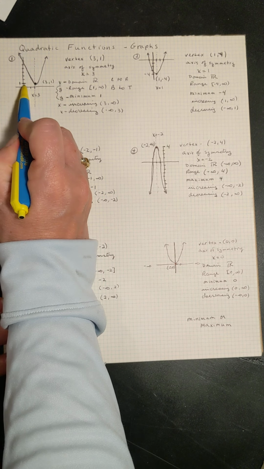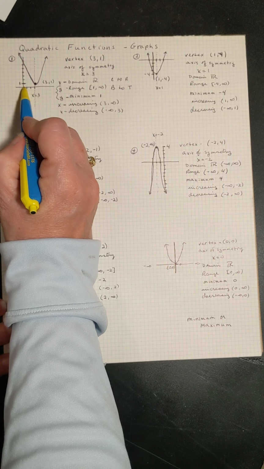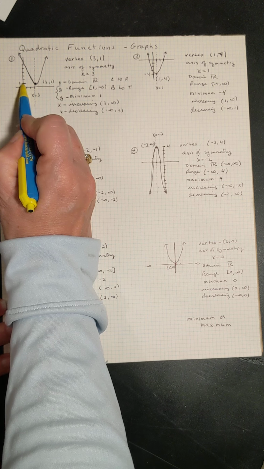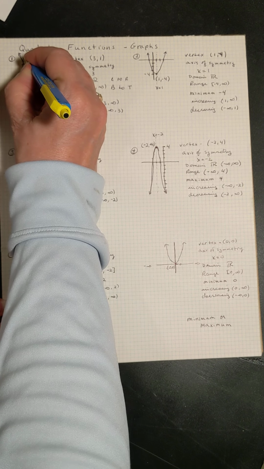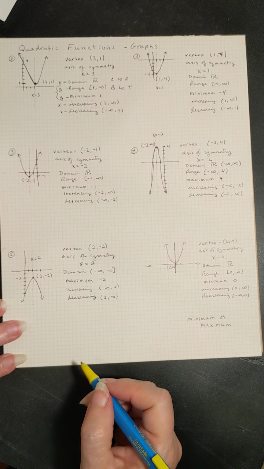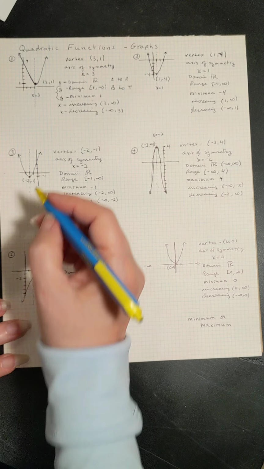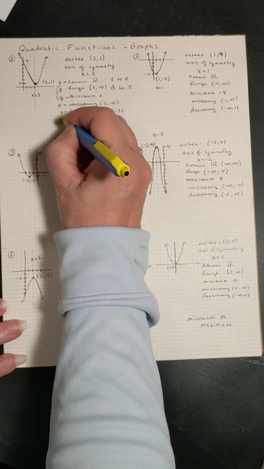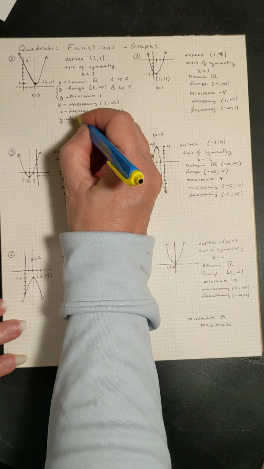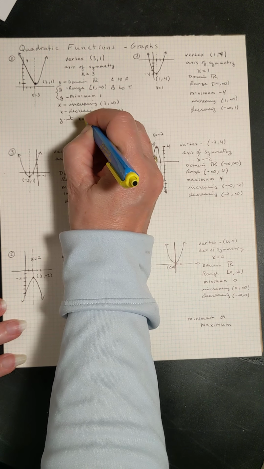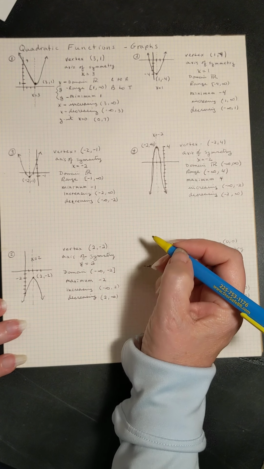Starting at my origin, let's count up and see how far up it goes to my y-axis. 1, 2, 3, 4, 5, 6, 7. So that's 7 on my y-axis. But when I give my y-intercept, I have to give it as a point. And remember, the y-intercept is where x is equal to 0. So this would be the point 0, 7.